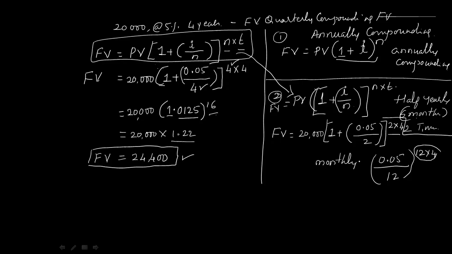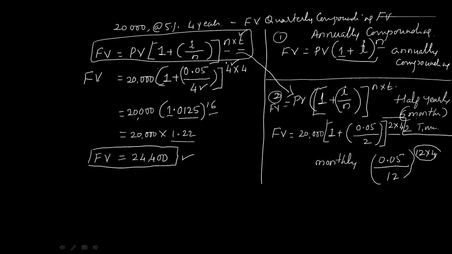If you are going to compound annually, this is the first one, annually compounding. And if it is quarterly, monthly, or half yearly, this is the same formula we are going to take. Here the notation differs. In annual compounding, N is meant for the number of years, whereas here N is meant for the number of compounding periods.